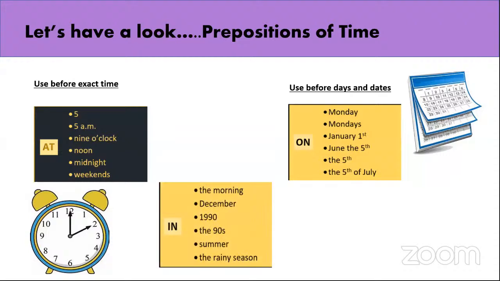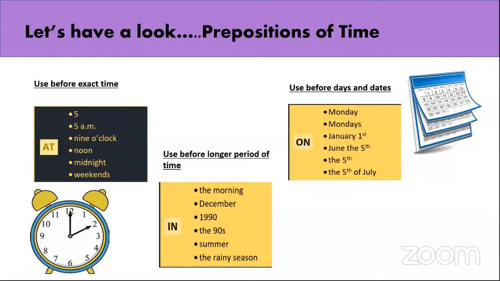Okay, the third one, in the morning, in December, in 1990, in the 90s, in summer, in the rainy season. Okay. When and where do we use them? This in, we use before a longer period of time.